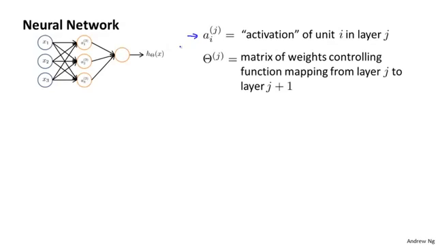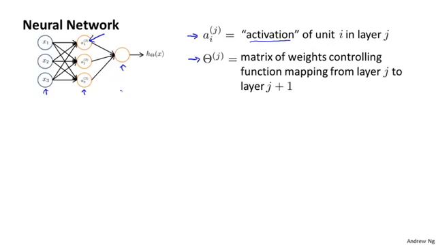So concretely, a superscript 2 subscript 1 is the activation of the first unit in layer 2, in our hidden layer. By activation, I just mean the value that is computed by and output by a specific unit. In addition, our neural network is parameterized by these matrices theta superscript j, where theta j is a matrix of weights controlling the function mapping from one layer, maybe the first layer to the second layer, or from the second layer to the third layer.